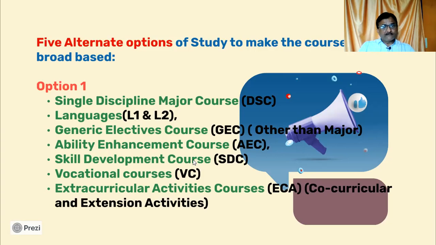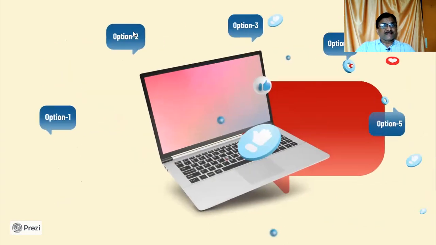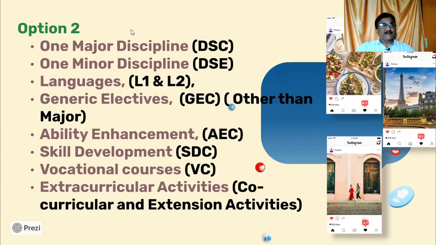And apart from this, a few more courses that we are studying are in option 2. Now, coming to option 2, which comprises all these types of courses. I don't want to explain once again what the major course or major discipline is.